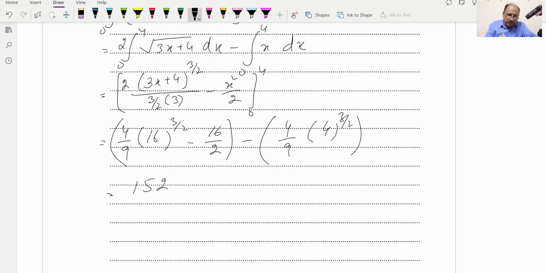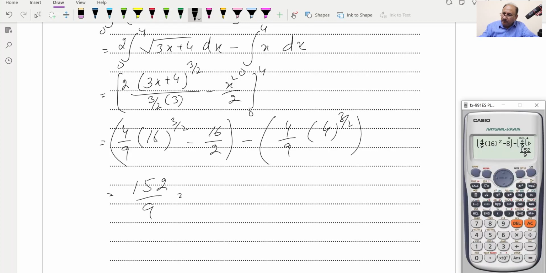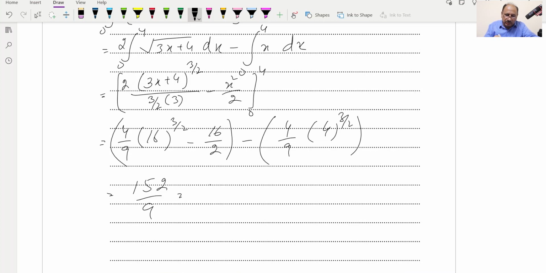In mixed fraction we can change it to 16 whole 8 by 9. This will be our final answer for this question.